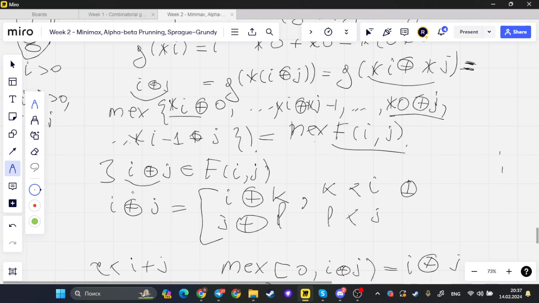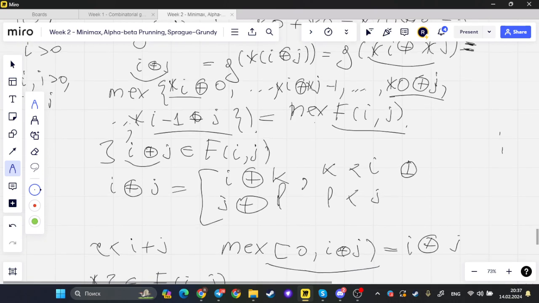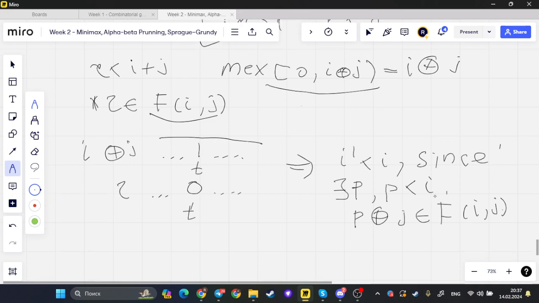Here we have, and so on, E plus G. That means we can find this P less than E, and P plus G belongs to our set. It means we can take our E like P, so E prime plus G belongs to our set.